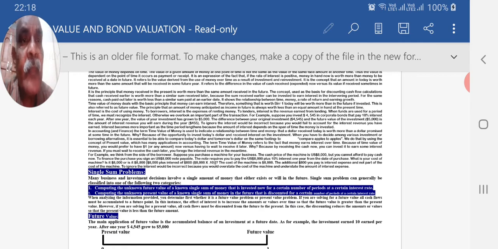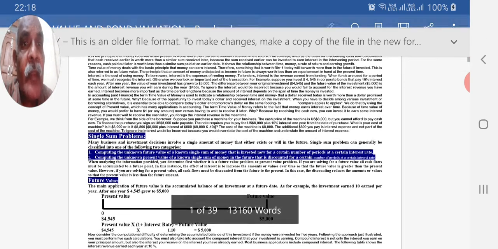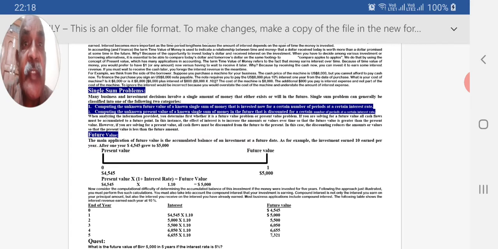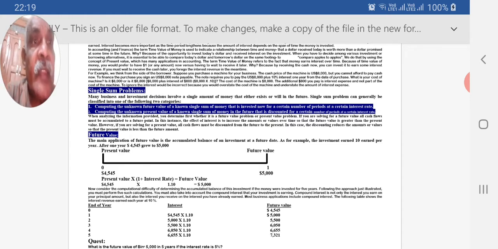In my previous class I was discussing the time value of money. I have already discussed the single sum problem, which means computing the unknown future value of a known single sum of money that has been invested for a certain period of time.